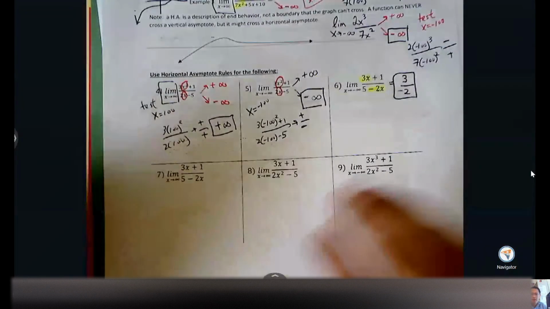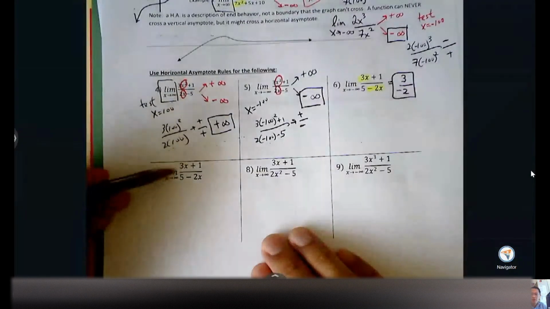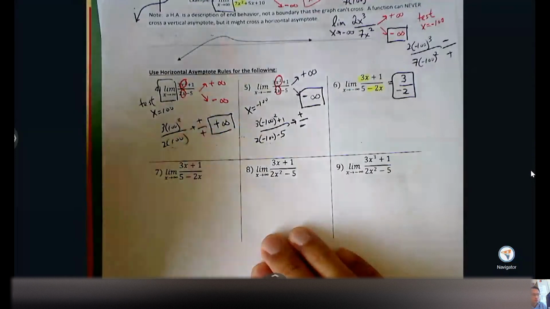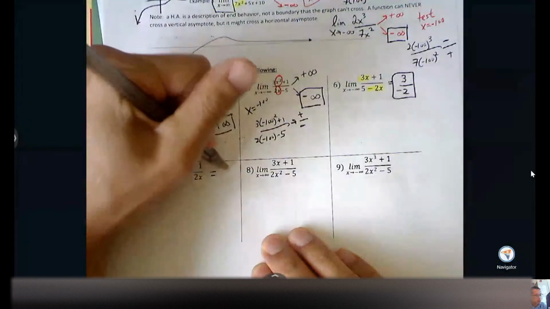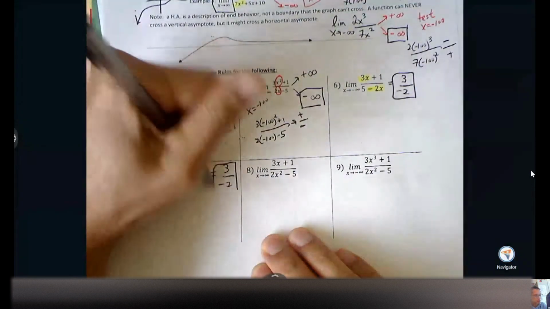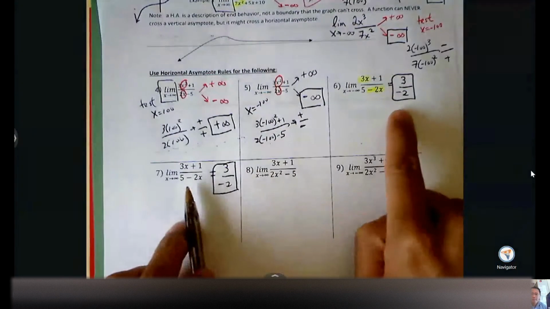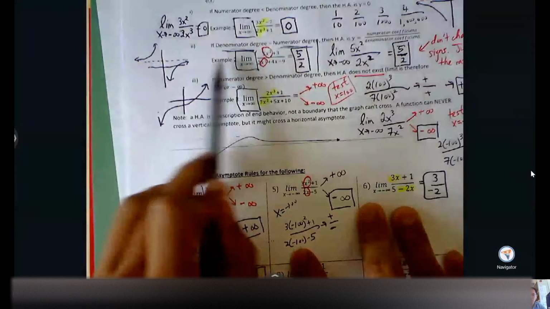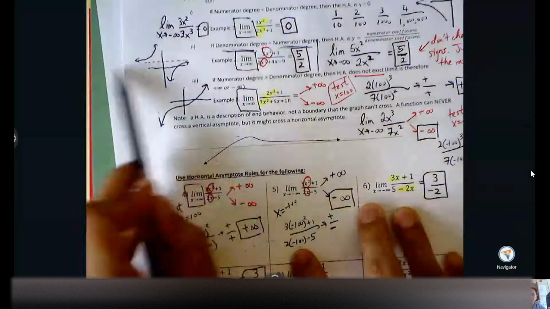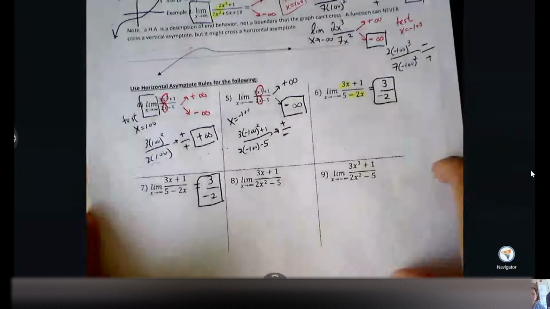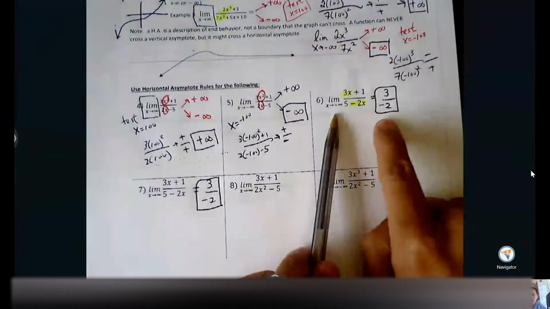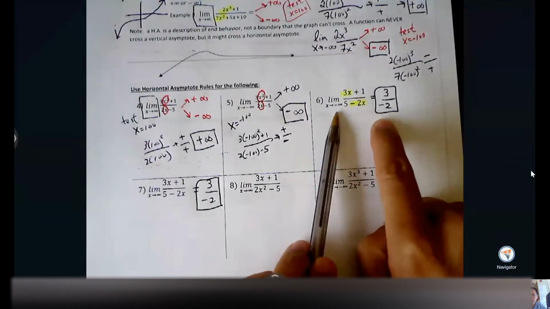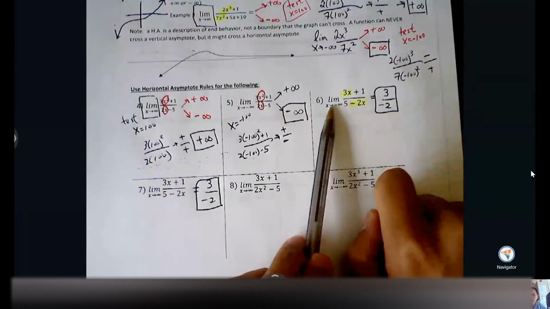Number 7, approaching infinity, same expression, same answer. Doesn't matter if we're moving to the right or to the left, there's only one asymptote, and that asymptote is going to stretch from one end to the other. Careful with this. This is an easy mistake to make.